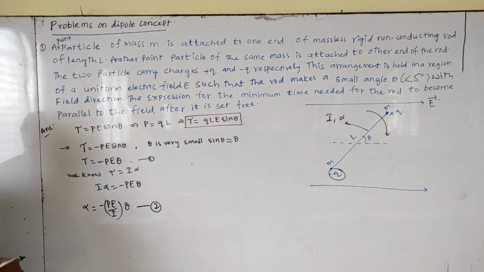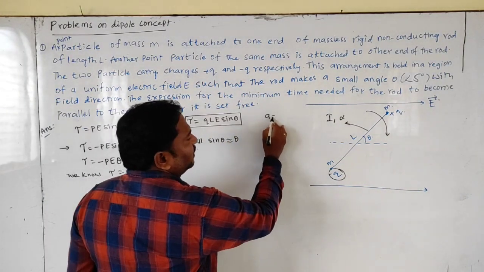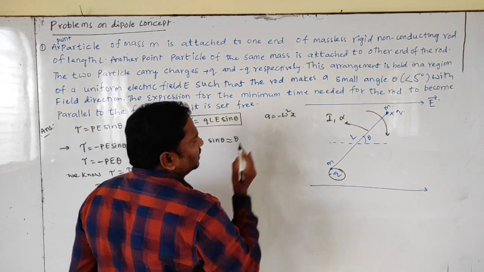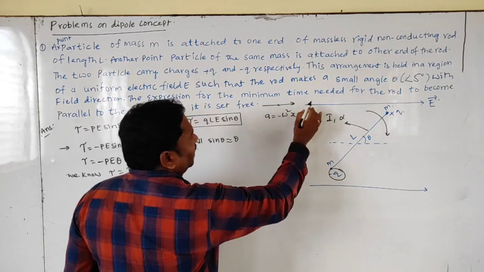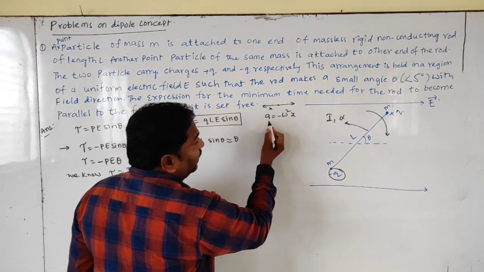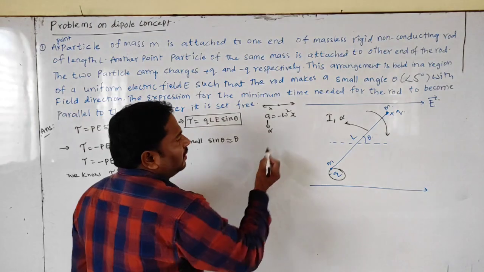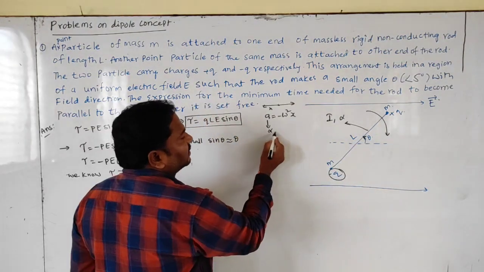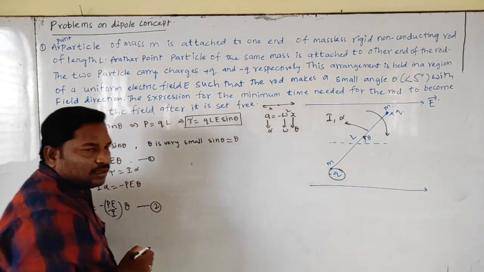So we know the linear SHM equation, acceleration equals minus omega square into x, when it is oscillating. Now here we are going to discuss angular quantities: angular displacement theta, angular acceleration alpha and angular velocity omega.